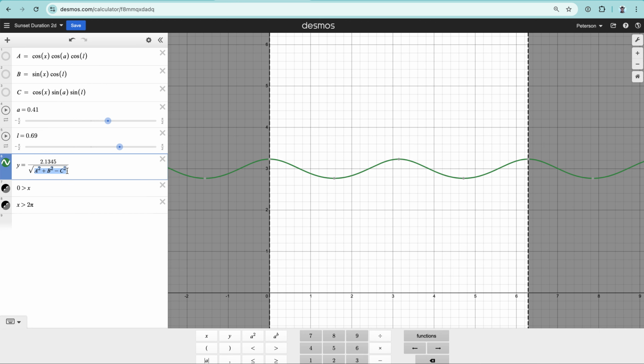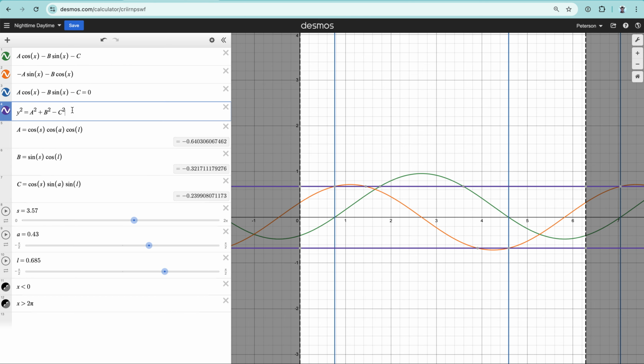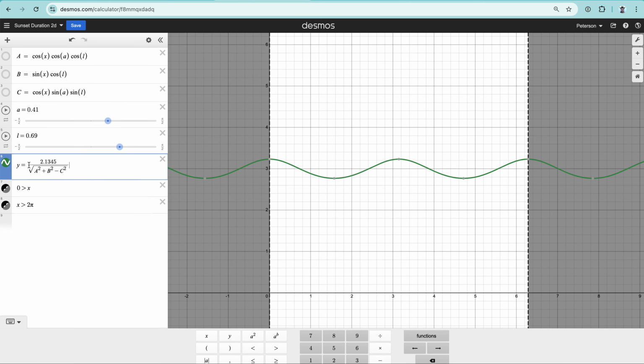You can see where this came from. You've got a squared plus b squared minus c squared. That came from here. I did a little bit more algebra to get, instead of the derivative, which tells you the speed with which you're passing through the twilight zone, the duration, by solving for y and then dividing by that.